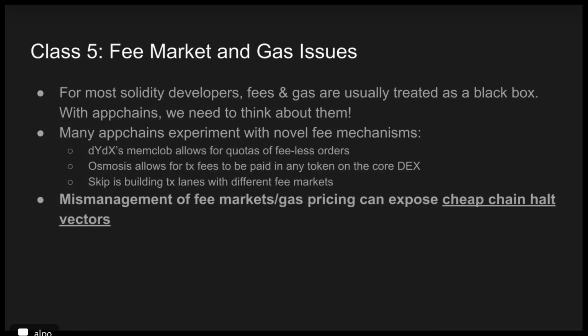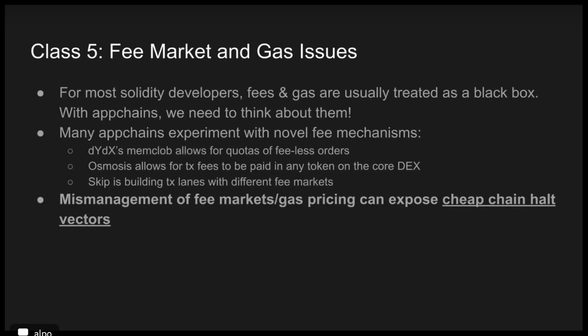So let's say you're auditing DYDX V4. Their memclob, which is their in-memory order book, allows for feeless orders based on quotas. Now, this is something that needs to be very carefully parameterized. If, for instance, they allow any account with 100K USDC to do 1,000 orders for free, then you need to be very careful about what the real cost of 1,000 orders is and whether that is a DOS vector.